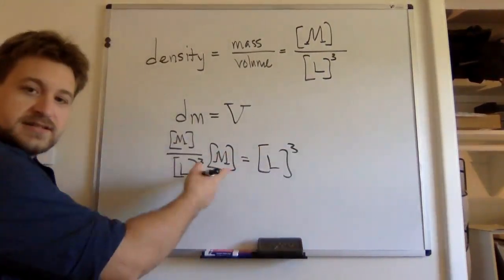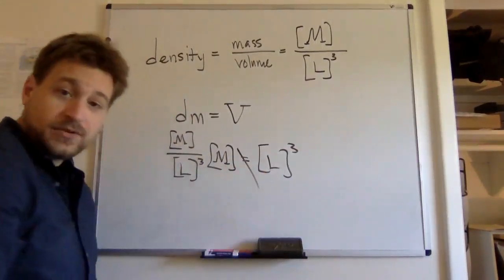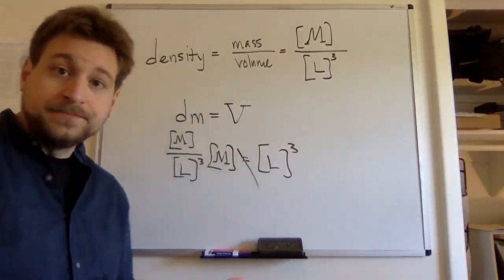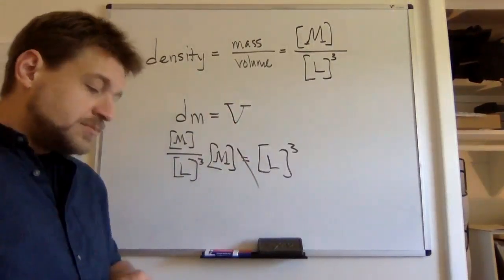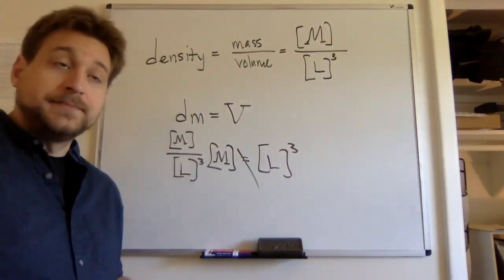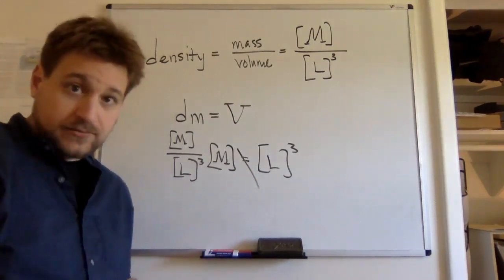And there's no way that this left-hand side can equal that right-hand side. This is not a good equation because these two sides are not equal. So dimensional analysis is one way to help identify an incorrect equation, something that we copied down wrong from somewhere.